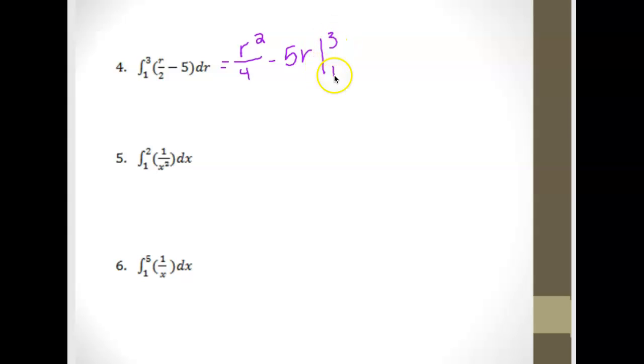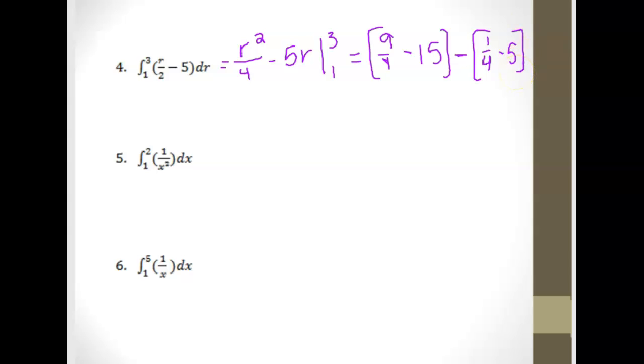Evaluated from 3 to 1. So we have 3 squared, which is 9, over 4, minus 15. Minus 1 squared, which is 1, so you get 1/4 minus 5.